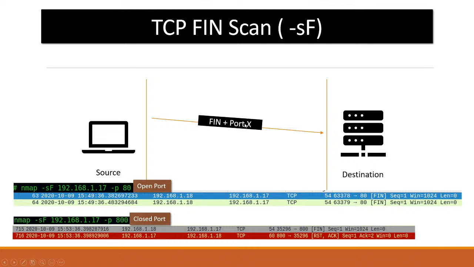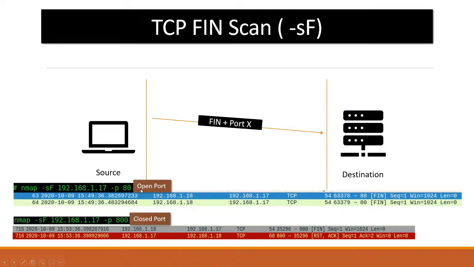Now, by the way, the command I have not written here. Here it is: nmap -sF 192.168.1.17. So this is my target here. Capital F is again for fin scan. Now -p 80.